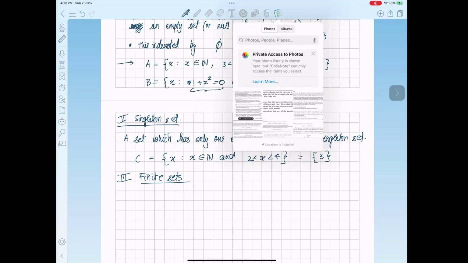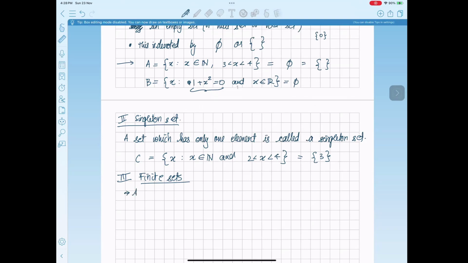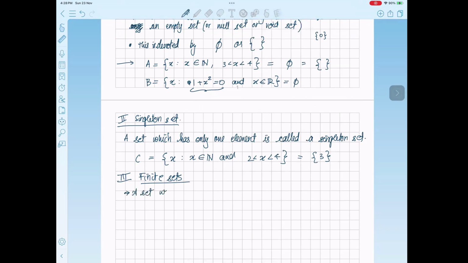So a set with a finite, definite number of elements is a finite set, right?